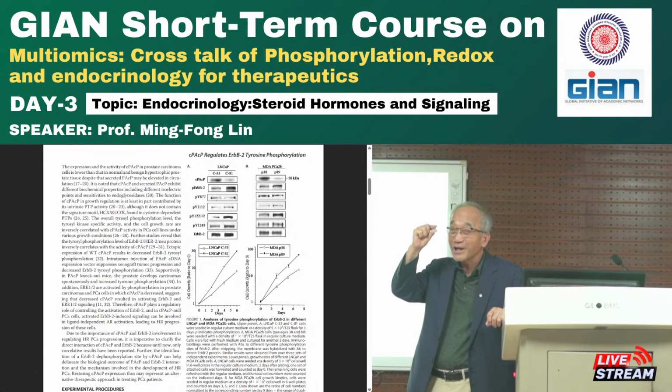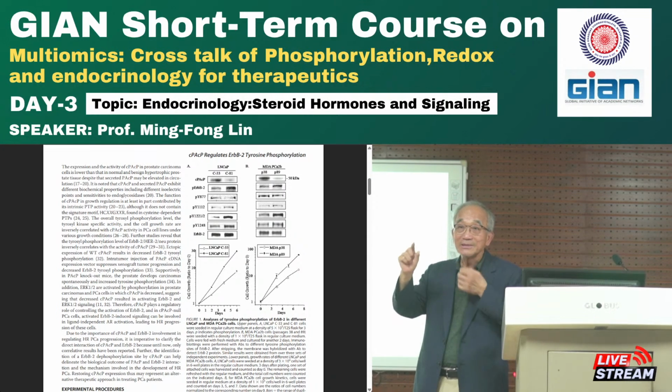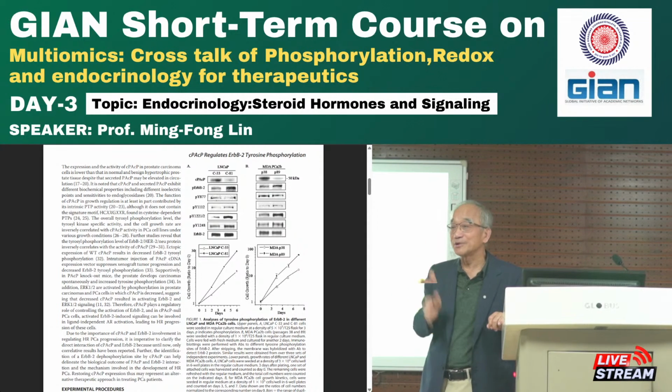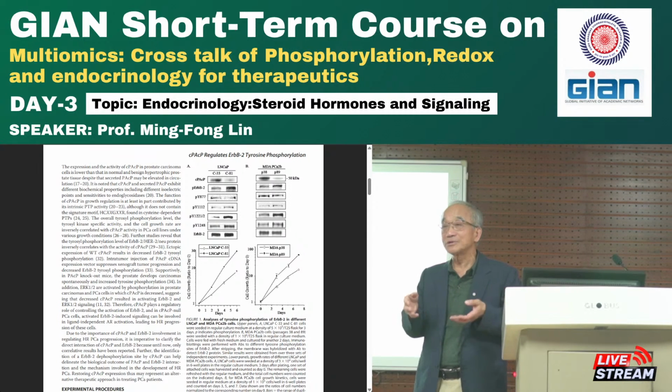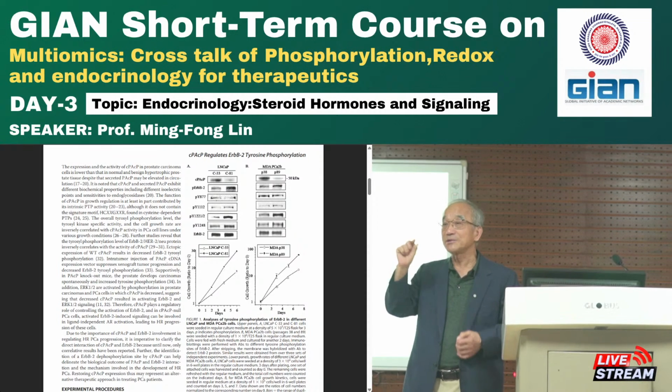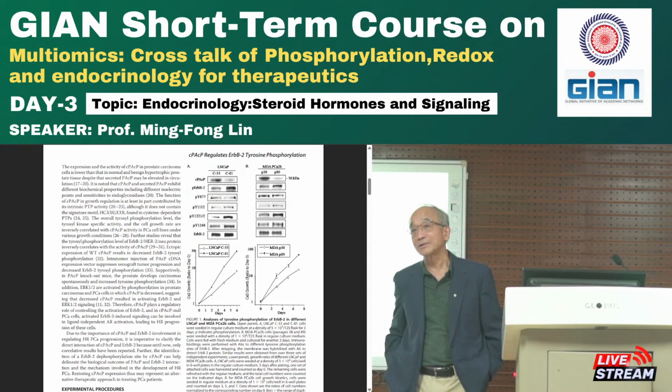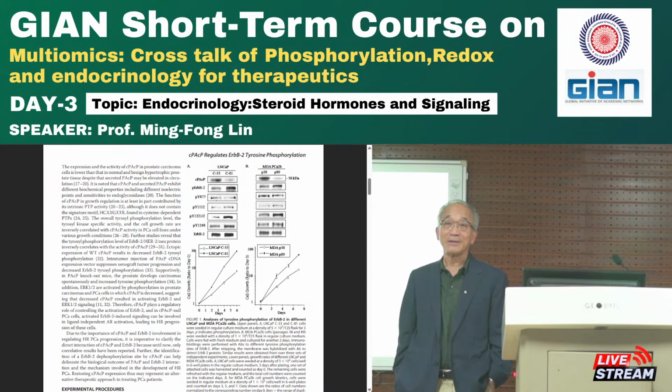The safe window is so narrow. If you give a little bit more, it might kill the patient. Yes, we can use it for curing. There are a lot of compounds that can cure the cancer cell, but unfortunately they are too toxic. The safe window is very small, so it is very difficult to administer the compound.